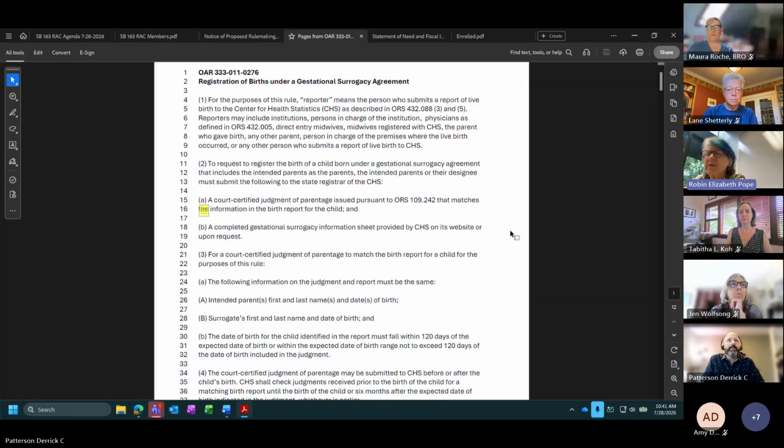There are, I believe, some other places throughout the rule where we need to be very careful that we don't give any kind of indicia of legal parentage to the gestational surrogate, but that goes to the intended parents under the new law. So I don't want to keep repeating that throughout, but want to point that out here that it's really important to change it right there at the start.